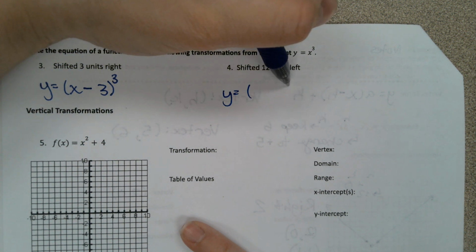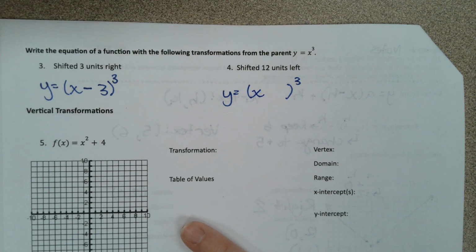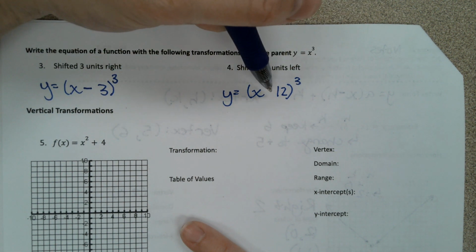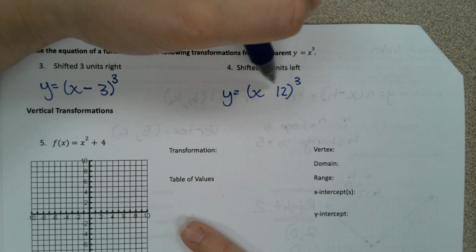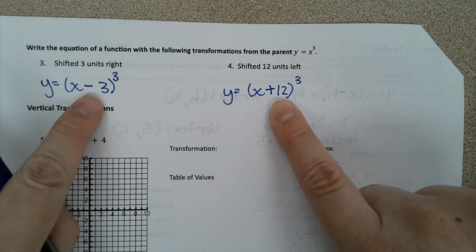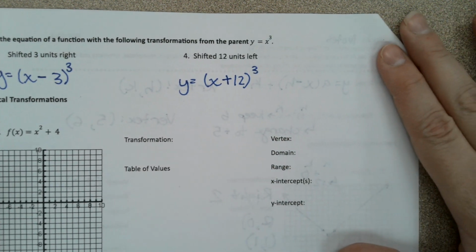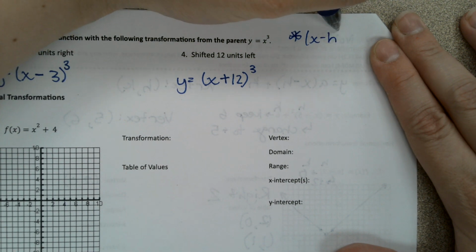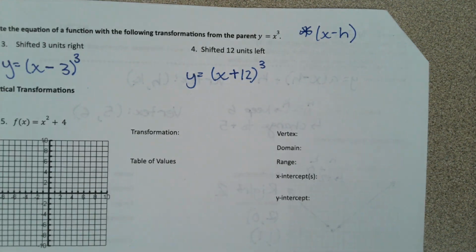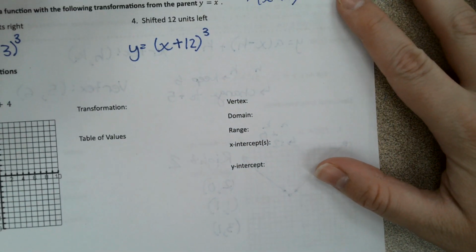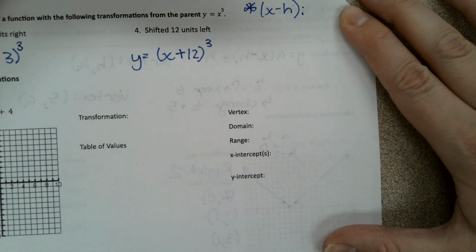Over here, we have our parentheses cubed. And then we're moving 12 units left. Left is a negative movement, so it's a negative 12, but when we put it in here, we change it to a positive 12. So that's how it's going to look in the equation. So let me sum this up. If you have x minus h, and the h is coming from that vertex form on the front that I showed you, we're going to do the opposite of the negative.